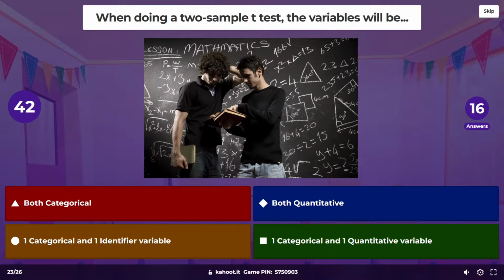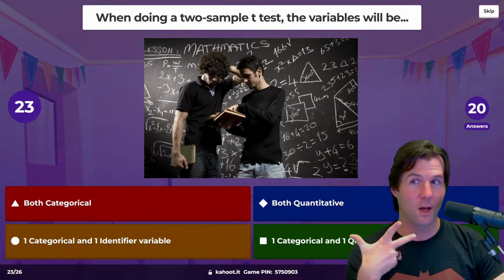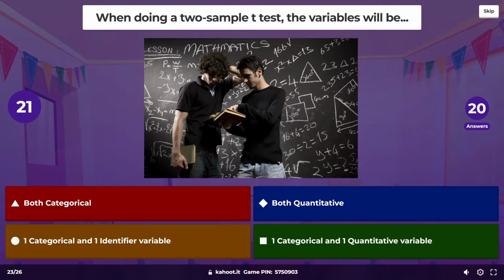This could be like testing the age of UT students versus their level in class, whether they're graduate or undergraduate. It could be how much money do students spend on or off campus. So spending money and on or off campus. It could be how fast do you run a mile and are you an athlete or not an athlete?